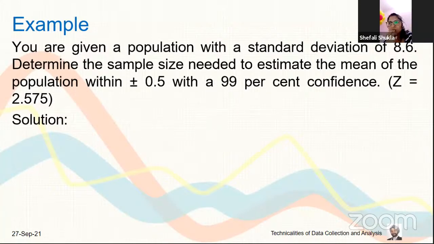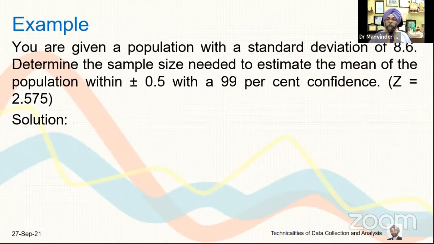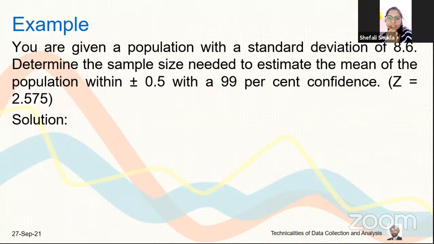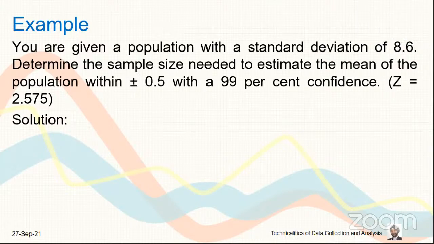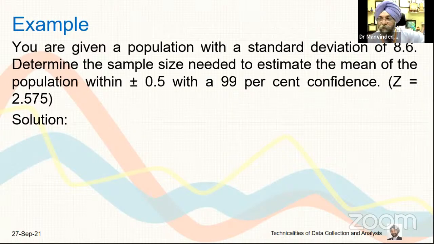Sir, it is 1961.41. Das sir, are you calculating? RK Das ji, this is especially for you. You only asked me what should be the sample size.